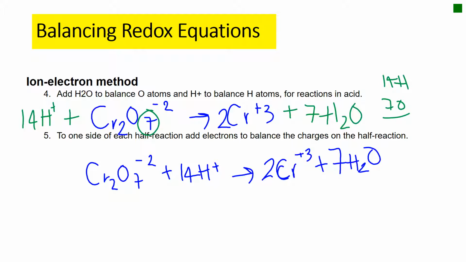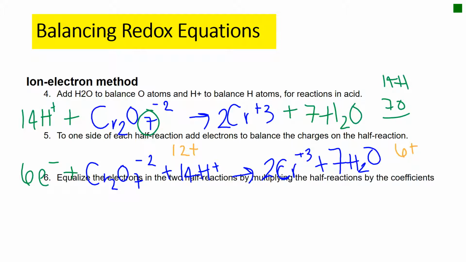Over here we have 12 positive charges, and over here we only have 6 positive charges. So we are going to add 6 electrons to the left side to have both sides equal to only 6 charges. So here we are going to add plus 6 electrons.